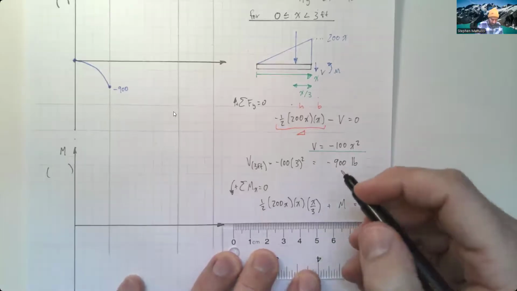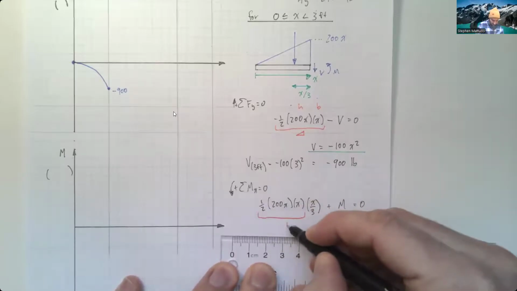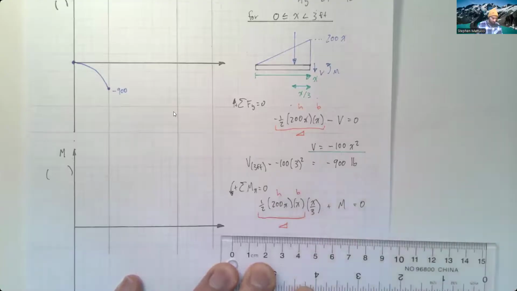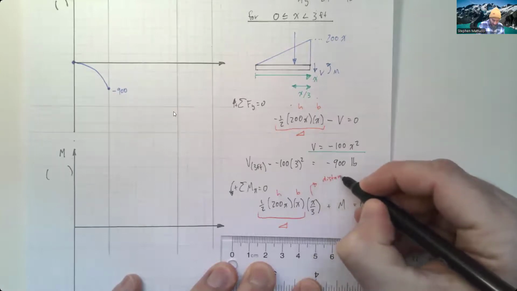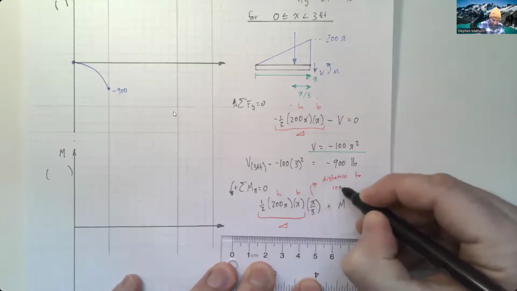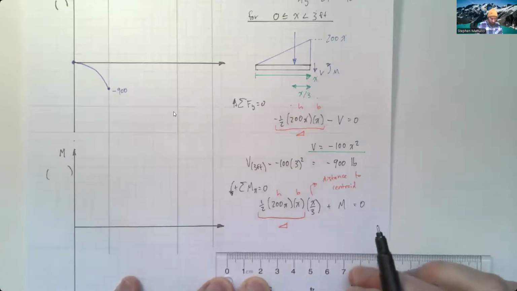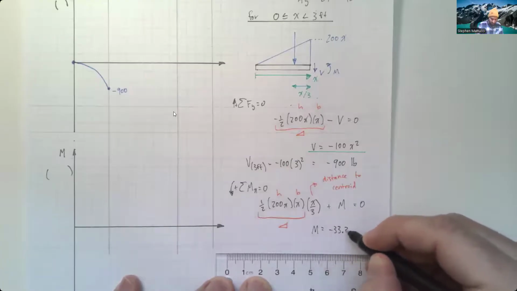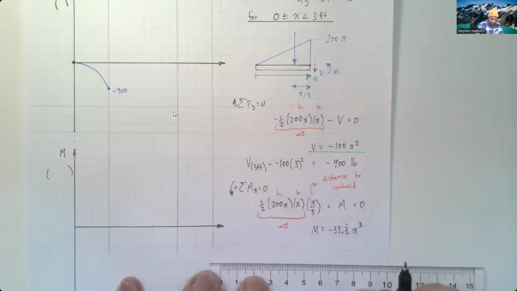So this is the same as last time where these first three values are our triangle. Our height is 200x. Our base is x, but this x over 3 is the distance to the centroid, this distance up here. So this gives us our moment is equal to negative 33.3 repeated x cubed.